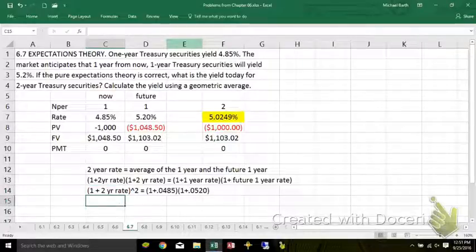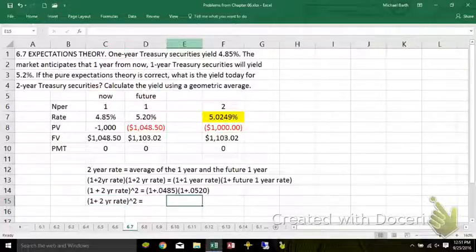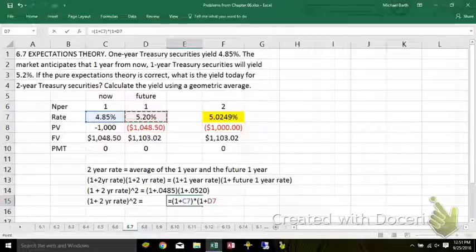So 1 plus the 2-year rate squared is equal to, and then I can solve for this, that'd be 1 plus that times 1 plus that.